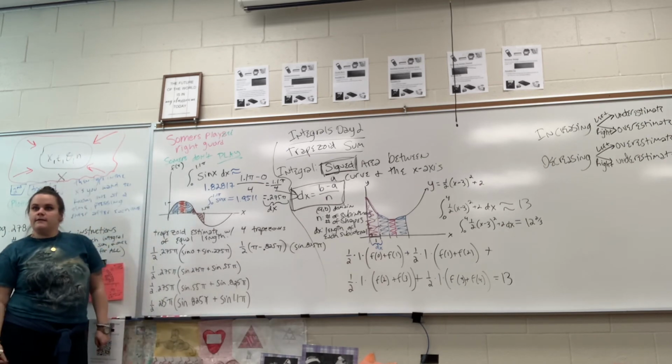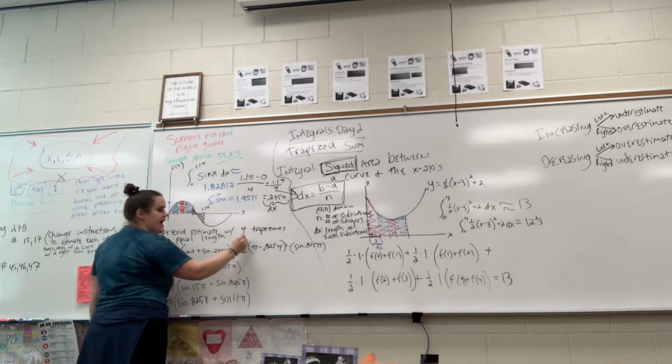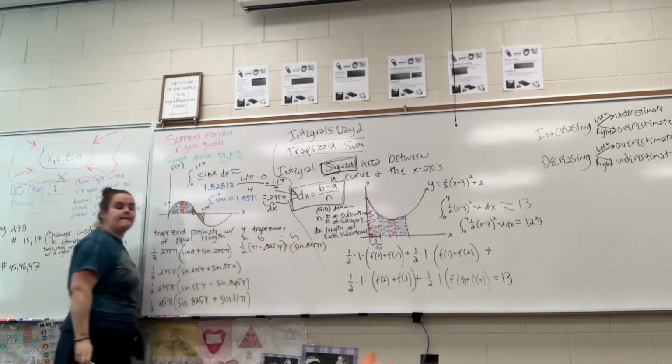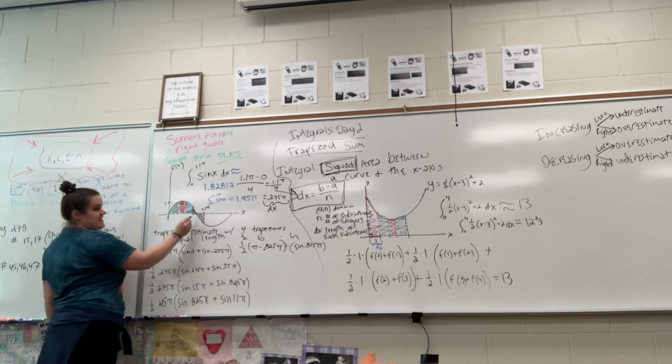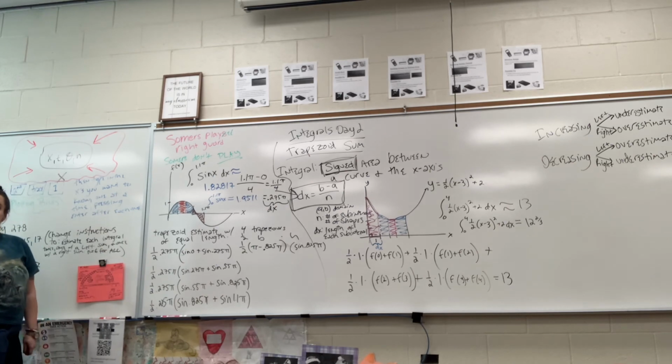Well, this is a triangle. If I was just focusing on this one here, it would be 1/2 base times height, and the base would be the distance between pi and 0.825 pi. Is that fair? Okay.